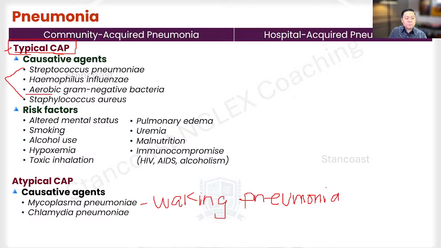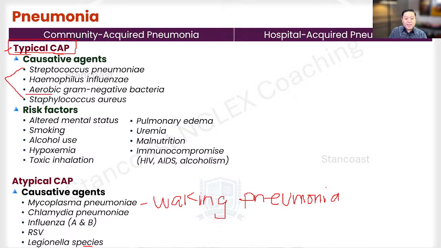It could be that the atypical pneumonia is caused by influenza type A and B, the respiratory syncytial virus or RSV, or it could be Legionnaires' disease. This is the Legionella species, a form of bacteria found in water systems that can cause a severe form of pneumonia, which is what we call Legionnaires' disease.